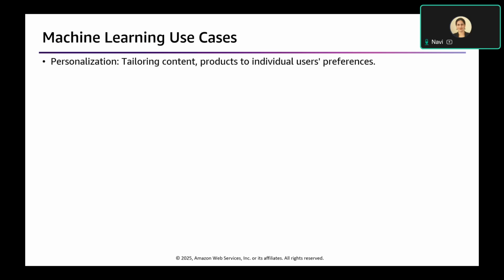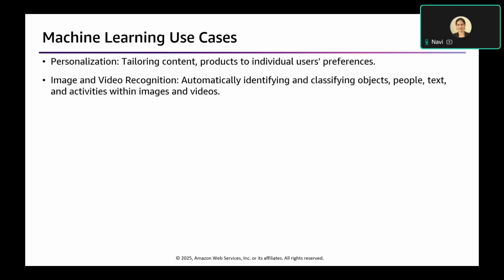Starting with personalization, ML can be leveraged to customize experiences and products for individual users based on their preferences and behaviors. Machine learning models can be trained to classify, detect, and recognize objects, celebrities, people, text, and activities in images and videos. This has application in areas like security, self-driving cars, medical imaging, and social media.